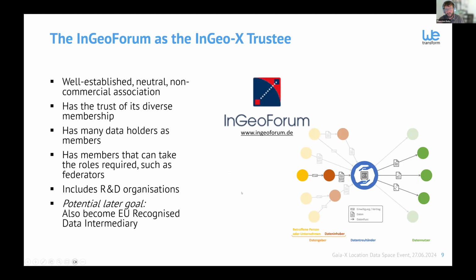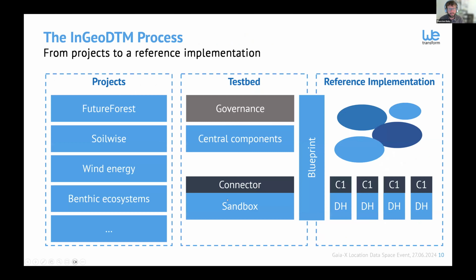It's got a pretty wide and diverse membership. As a non-commercial association, it's also neutral. The members can take the different roles that are required, such as federators, data holders, users, contributors of R&D solutions, and so on. Later we also aim to get that trustee to become a recognized data intermediary.